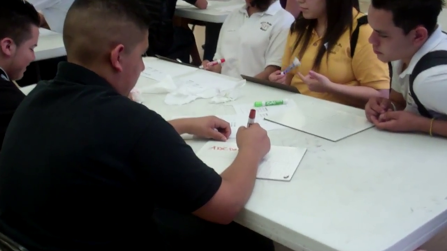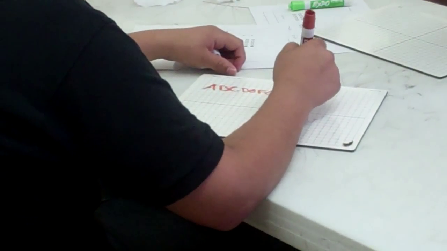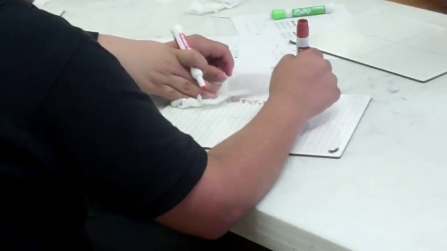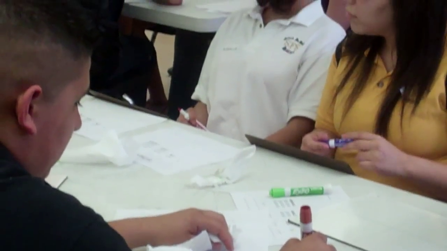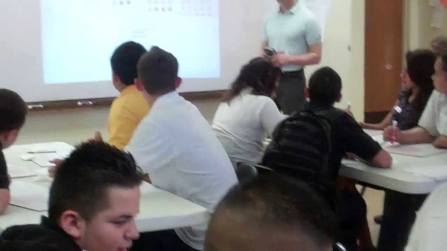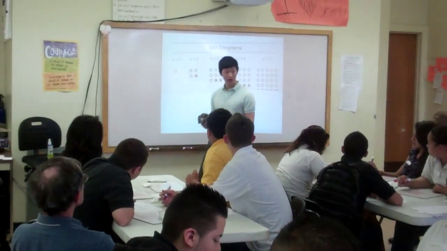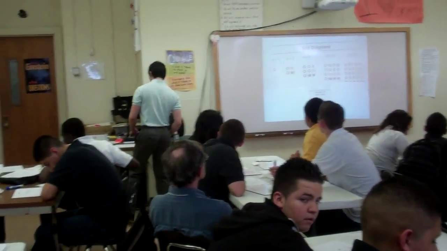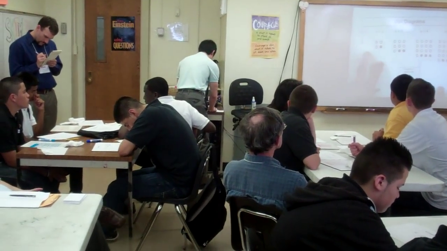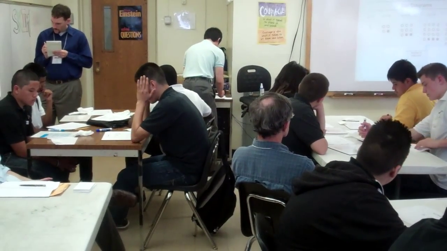Now, for those of you having trouble getting started, I want to encourage you to take a look at the picture itself. Can you group these in any particular way? Do you notice anything interesting about the groupings of the white dots? And feel free to mark on your papers or mark on your boards.